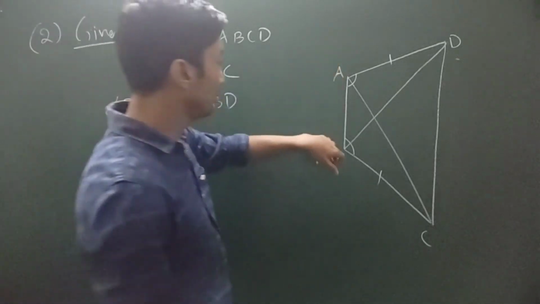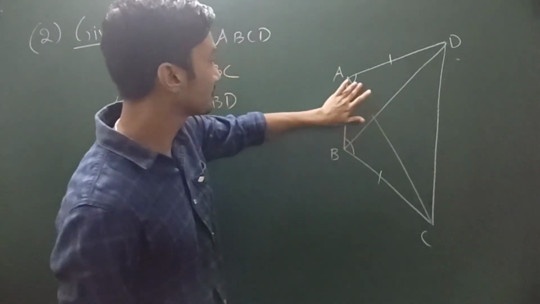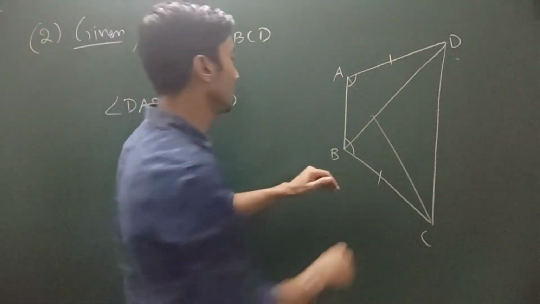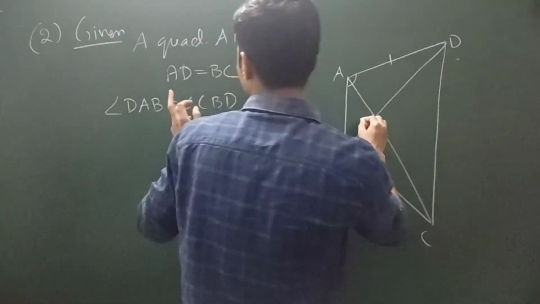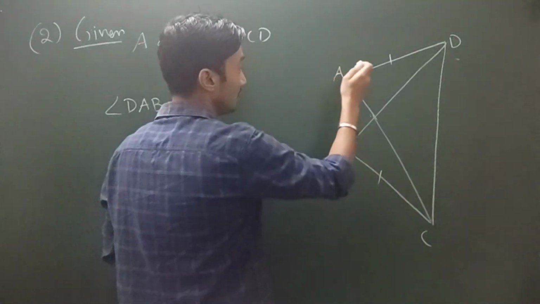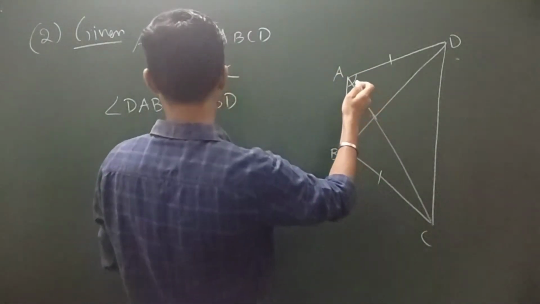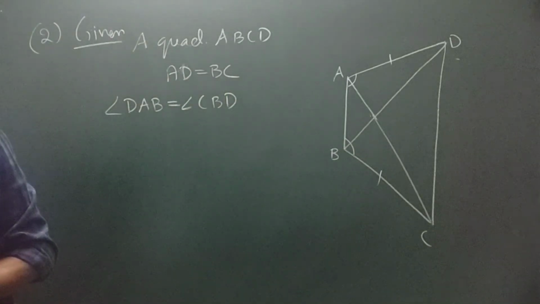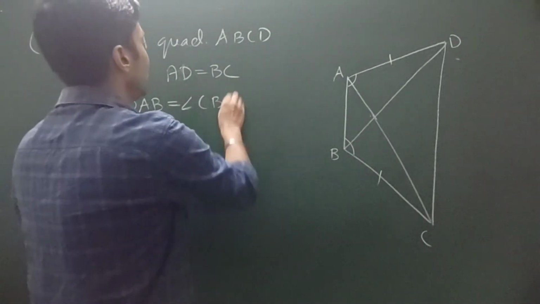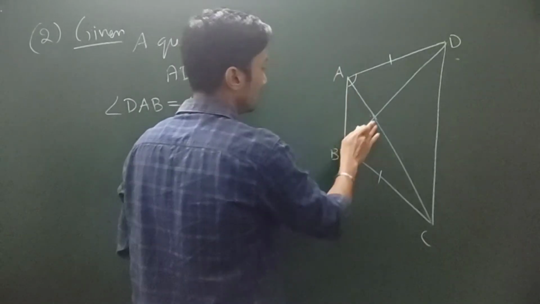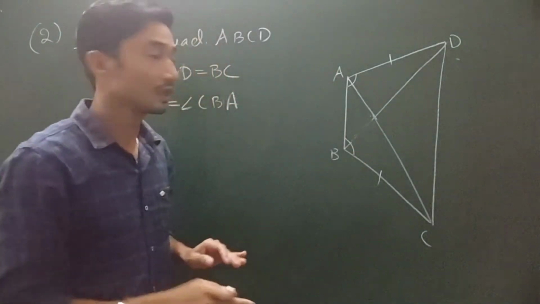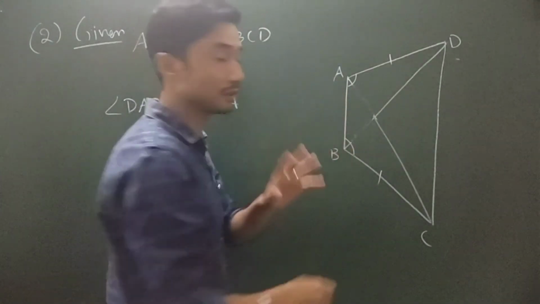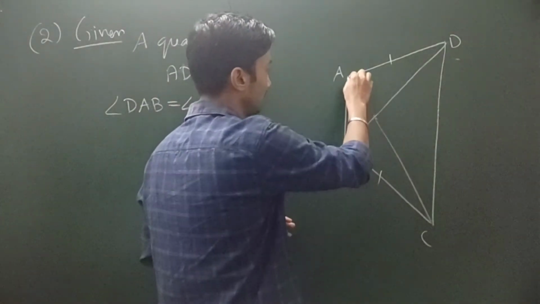Angle DAB, that means this angle, is equal to angle CBA. This angle. That means these two angles are equal. Okay, that's what it means. Of course, I'll complete the diagram.